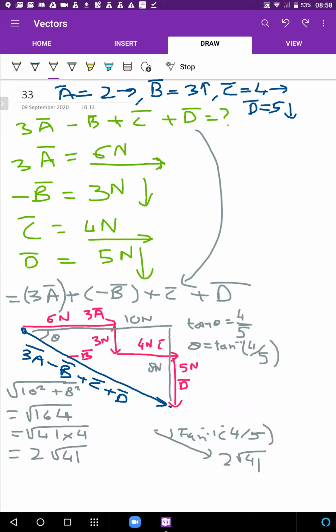Yeah, if they're talking about north, south, east, west, then they'll say 2√41 at an angle of tan inverse 4/5 south of east. Either way, make sure you just figure out the angle and make sure you know whether it's with the horizontal or with the vertical.